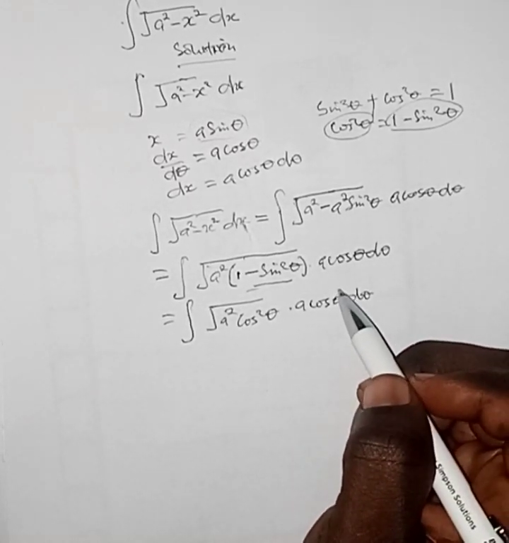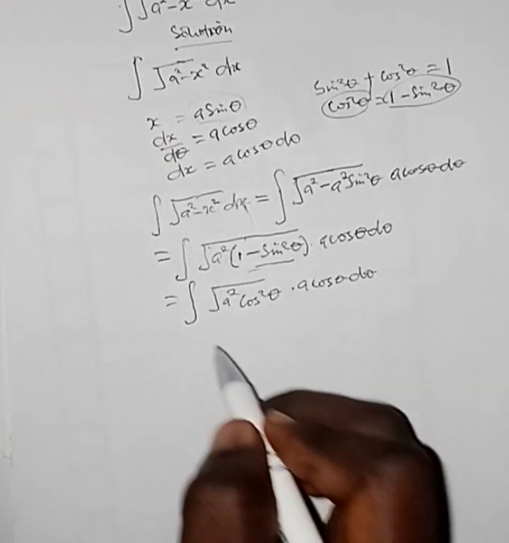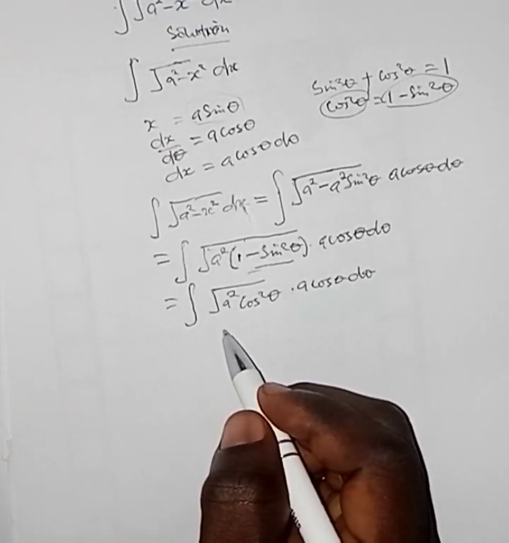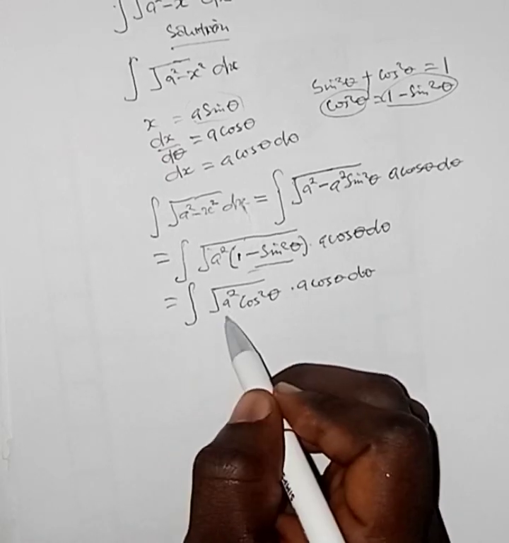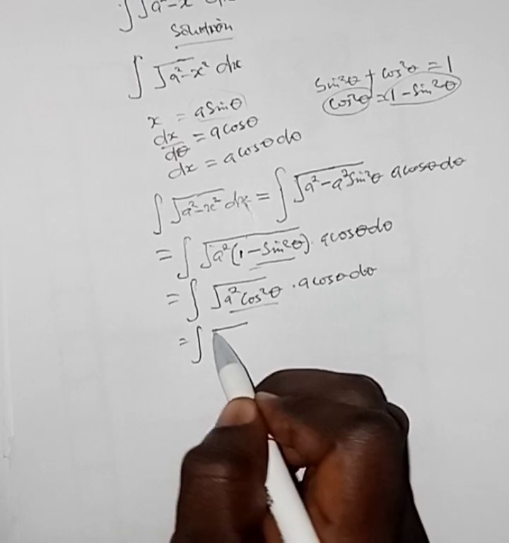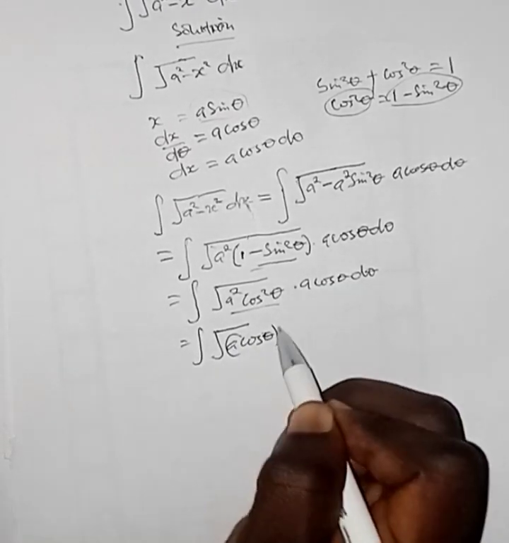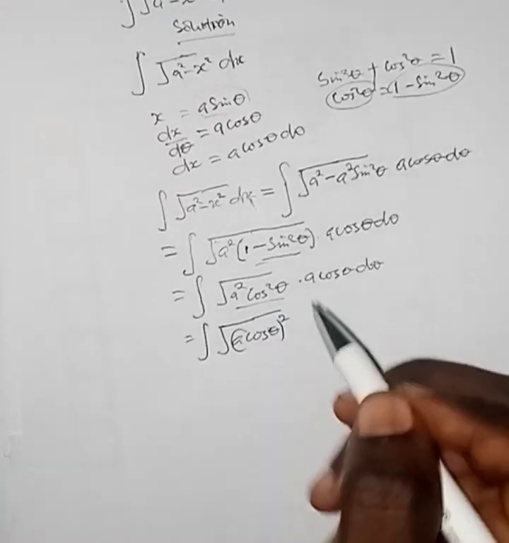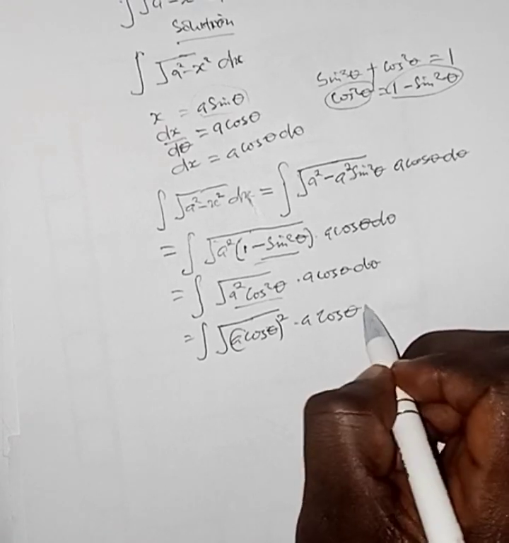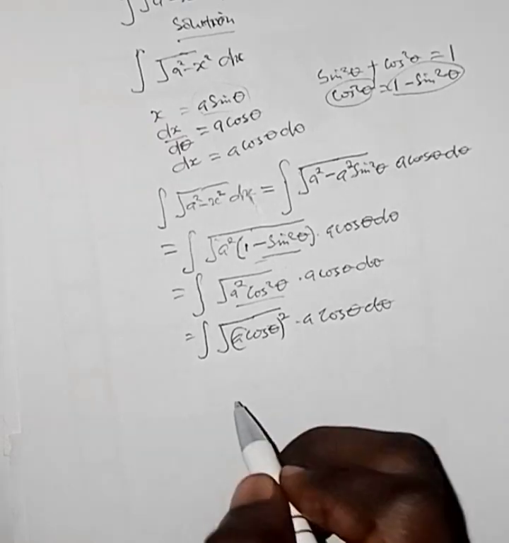I hope you guys are getting it. It's pretty simple, just follow the process we are going through. Now what do you do again? Moving further, we can rewrite this to be the integral of root a cos theta all squared, because both of them are squared there, multiplying our dx, which is a cos theta d theta.